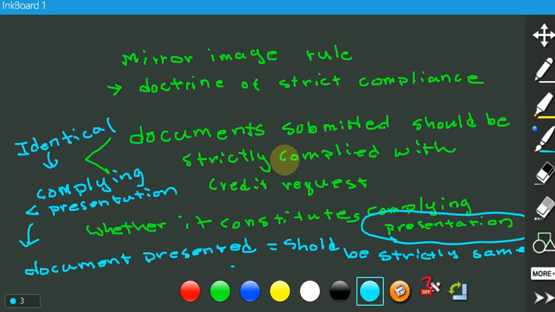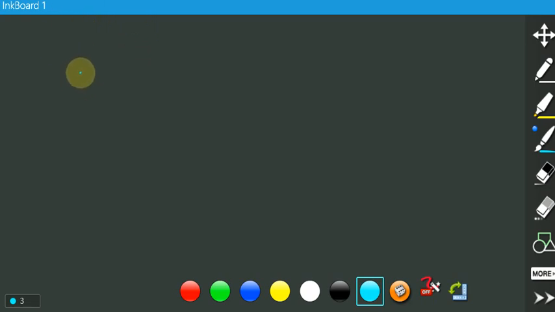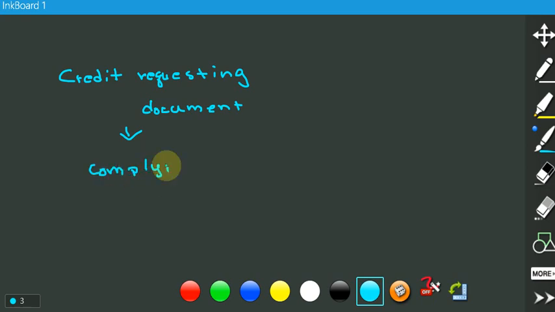If these two are not identical, I mean the credit requesting document, this is called, in another word, the complying presentation, and according to this request, the document presented.